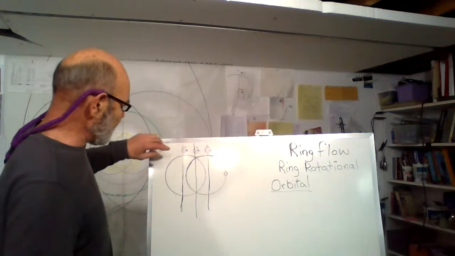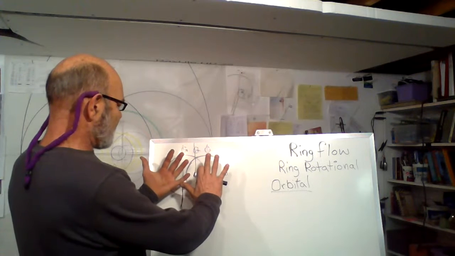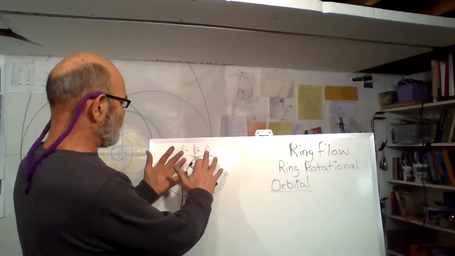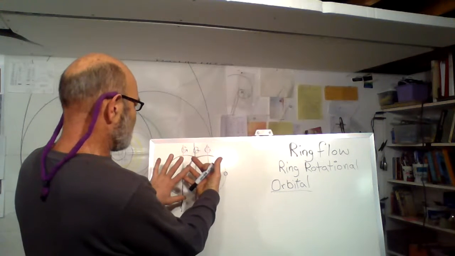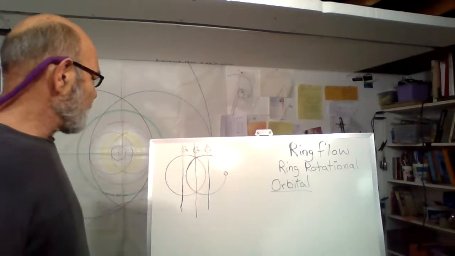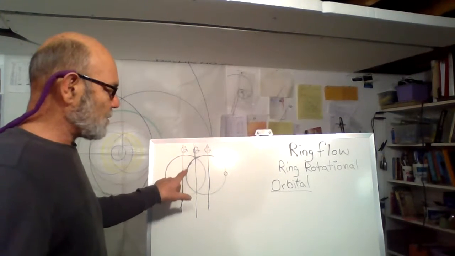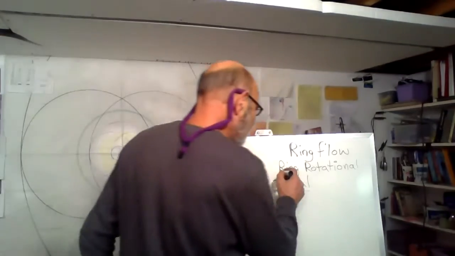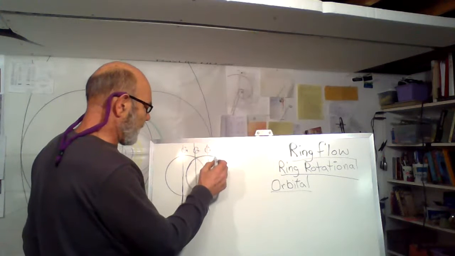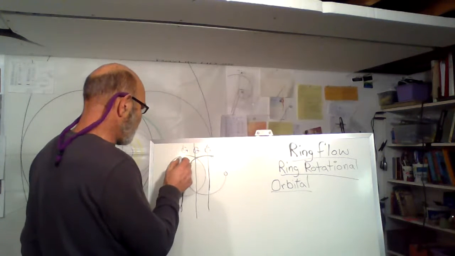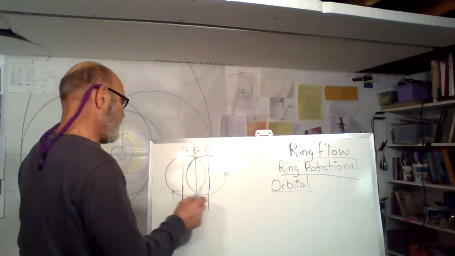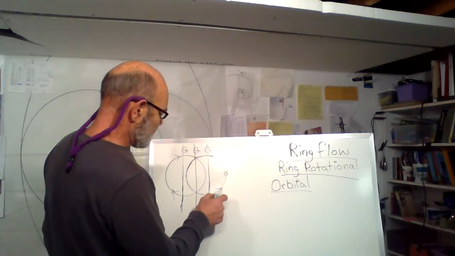So this is depicting that if you could imagine these rings, the magnetic rings, and they can turn like this and collide with each other. That would be the second motion, ring rotation. And then we've already talked a little bit about ring flow, that there is a flow to these.